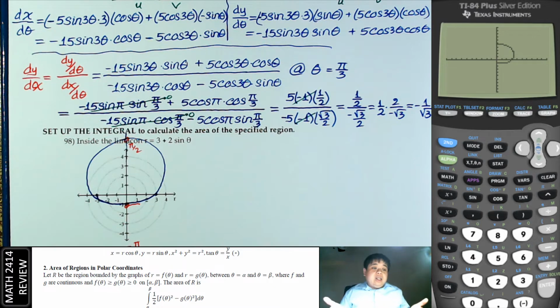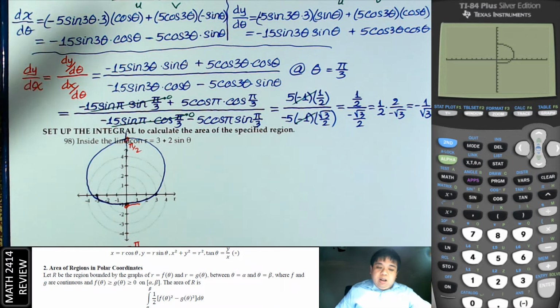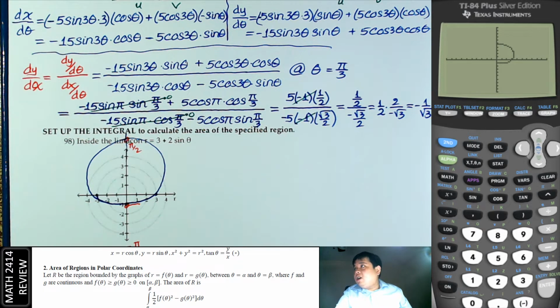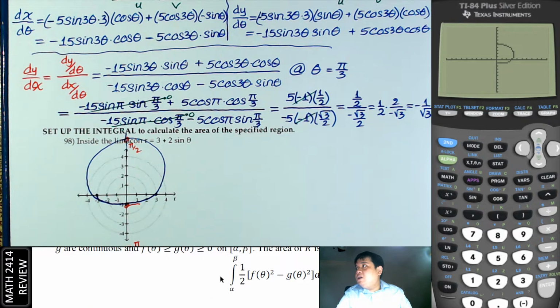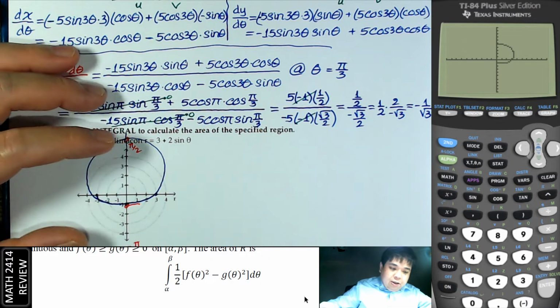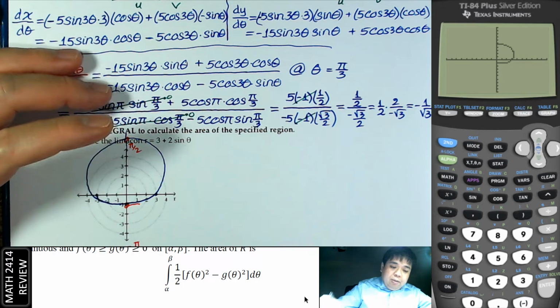So when we set the limit, just graph it on the calculator, make sure this is the part that we want. Right, and then the formula for the area on that side. Right, so now let me write that formula.